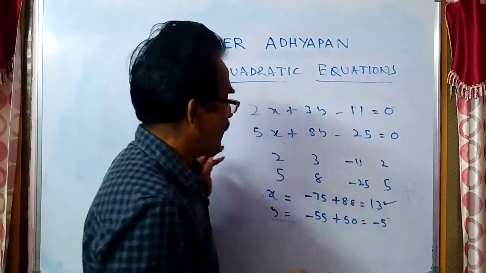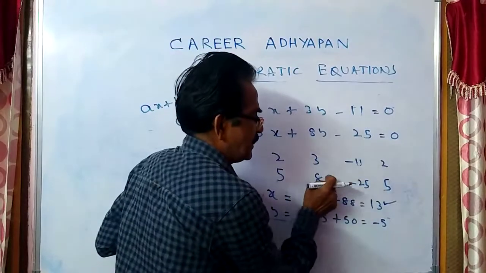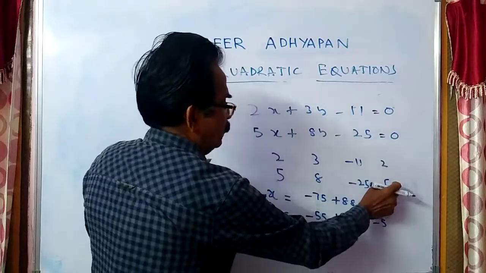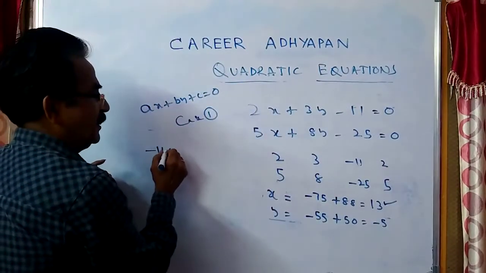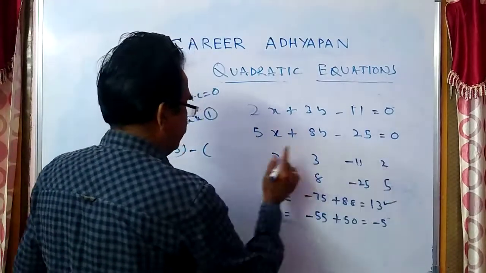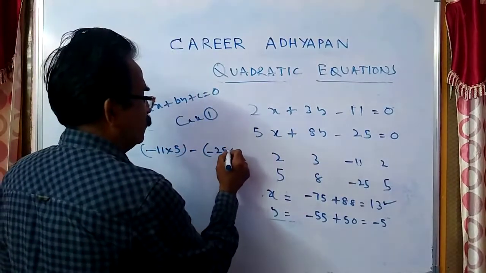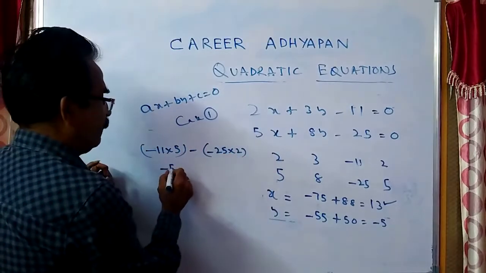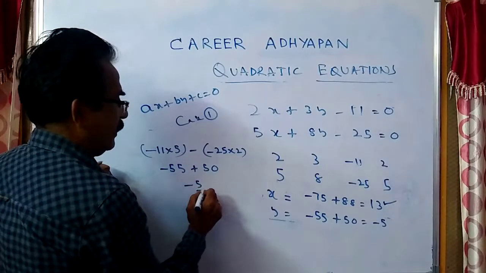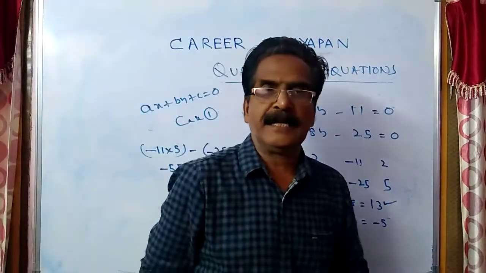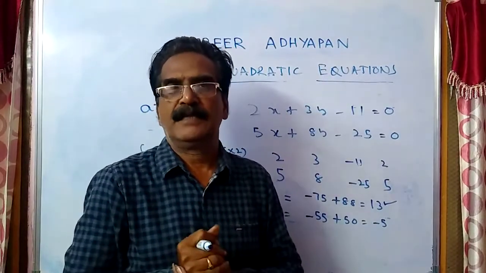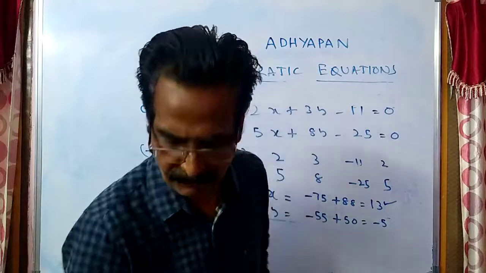Then for y: minus 11 into 5 minus 25 into 2 is minus 55, minus into minus plus 50, gives minus 5. So x is 13, y is minus 5. Here x greater than y. Fine.